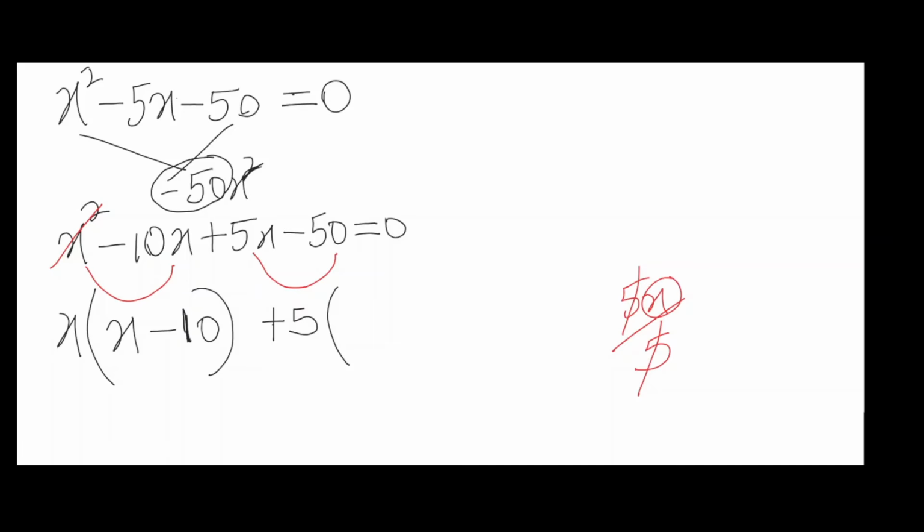So I'm going to be writing x. Then 5 in minus 50. So we have minus 50 divided by 5. 5 in minus 50 is going to give me minus 10. So I'm going to be writing minus 10. And I'm going to close the parentheses, equals 0.